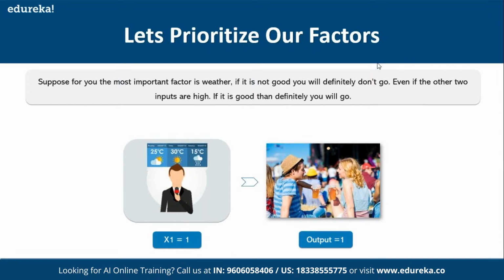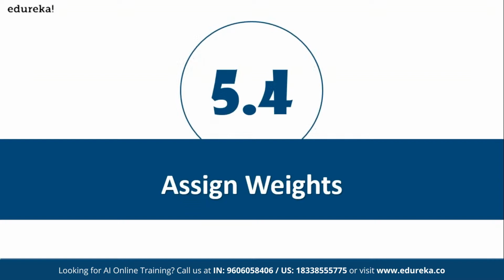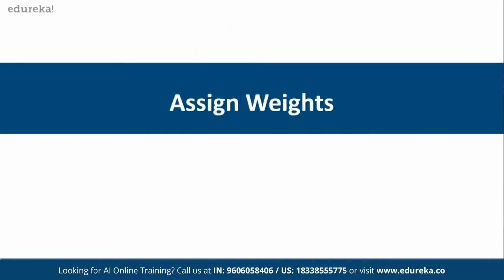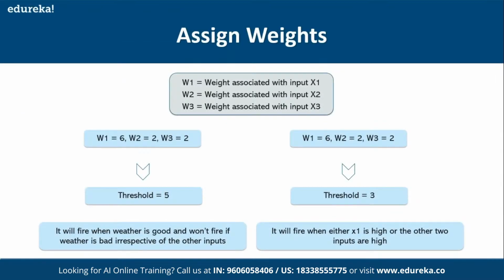Now we have to assign the weights. We have 3 questions, so the inputs are 3. Therefore, the weight for the first input will become W1, the weight for the second input will become W2, and the weight for the third input becomes W3. Let's assume we assign a weight for our first input, which is the weather, W1 equal to 6. The weight for our second input, the spouse accompanying, is W2 equal to 2.